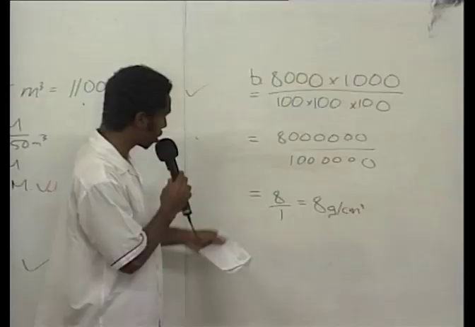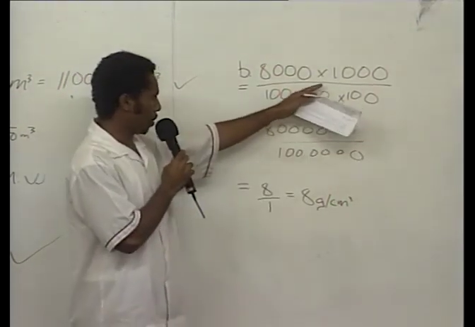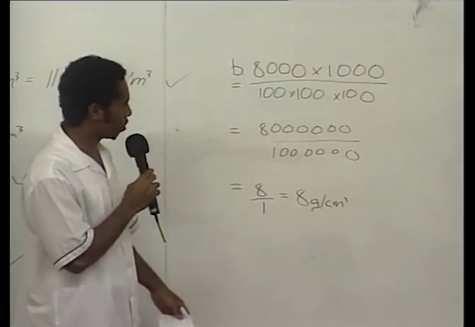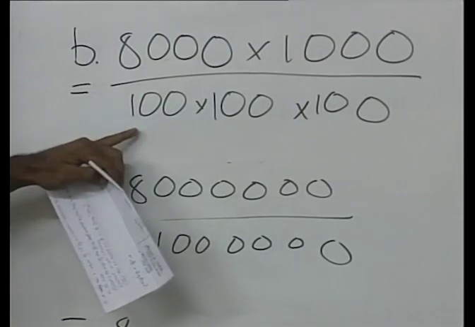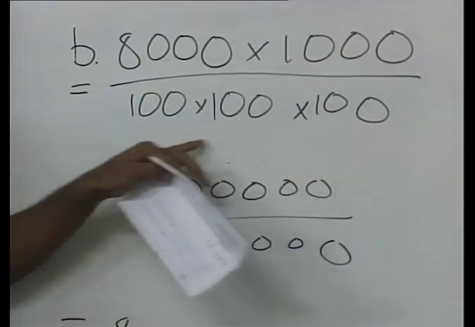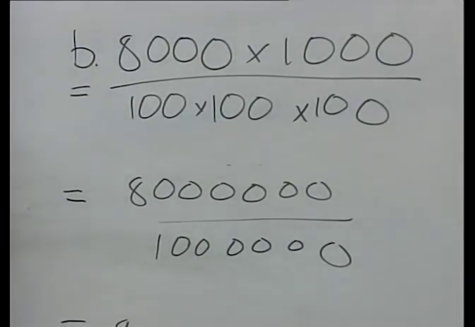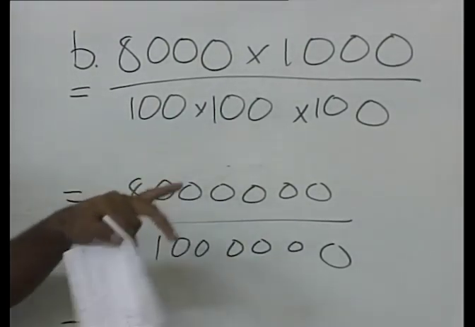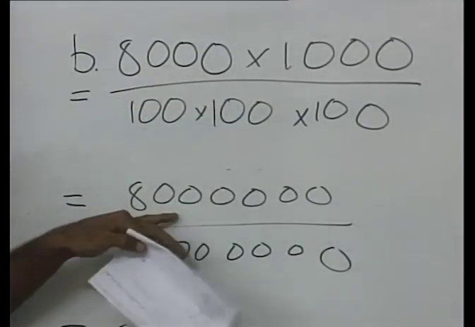I got my answer by multiplying 8,000 kilograms by 1,000 because we are changing from a larger unit to a smaller unit. And the hundreds I got from cubic meters, because 100 centimeters equals 1 meter. Because it is cubed, there are three 100s altogether. I multiplied this across, I get 8 million.